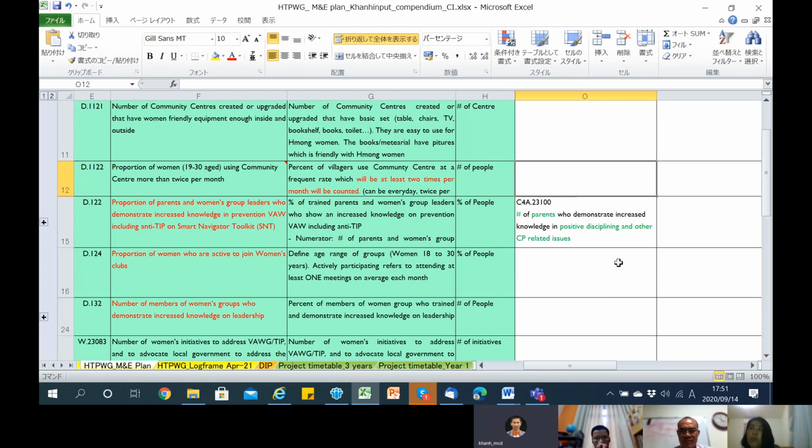Right. But what is the total number of women who are supposed to use the community center? We need to have that number first, and then we need to count so that we are able to come up with a proportion, right? Yes, we have total women. We interview, for example, 392 as a sample.